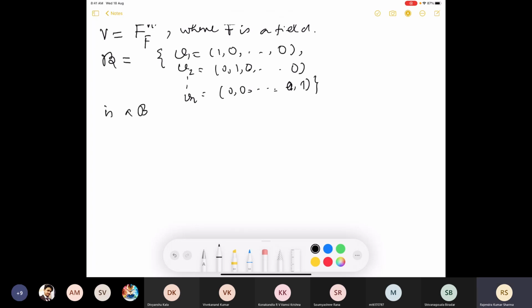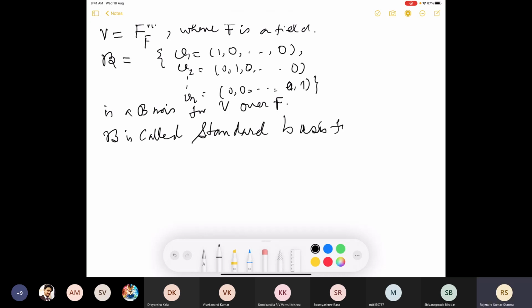Now B is a basis for V over F. The basis of this form is called the standard basis. So B is called the standard basis for V over F.